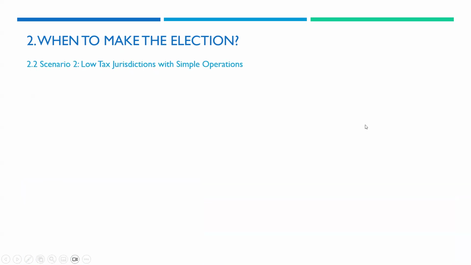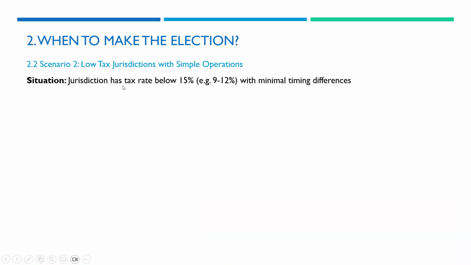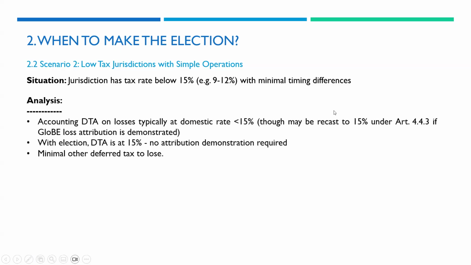So let's take one more: a low tax jurisdiction with simple operations, let's say a jurisdiction with a tax rate below 15%, for example 9 to 12%, with minimal timing differences. This is UAE. Accounting DTA on losses is typically at the domestic rate, less than 15%, although it may be recast to 15% under 4.4.3 if GloBE loss attribution is demonstrated. That's fine. So if you have a DTA, it would be at 15%.